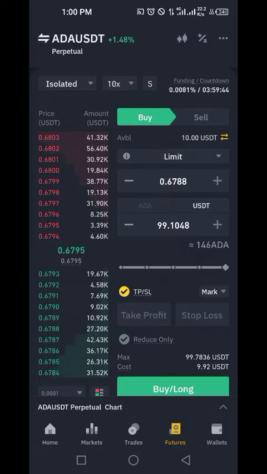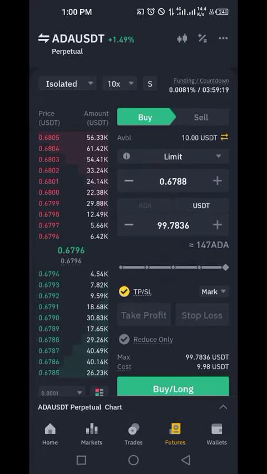So I'm entering into the position with opportunities that Binance presents. I'm leveraging on Binance funds to open this position. So instead of entering with $10, it will multiply my position by 10.